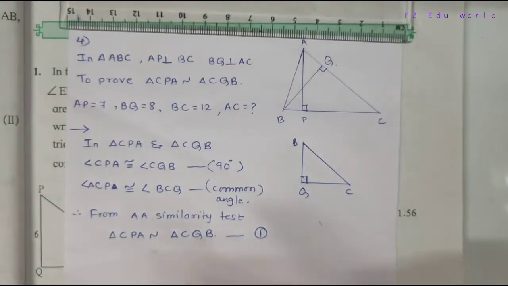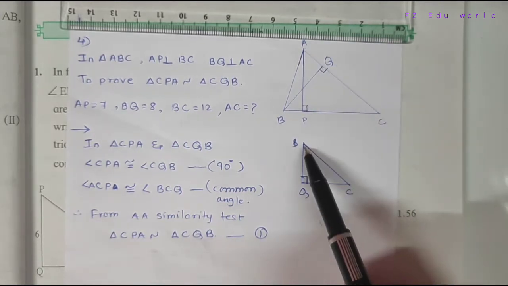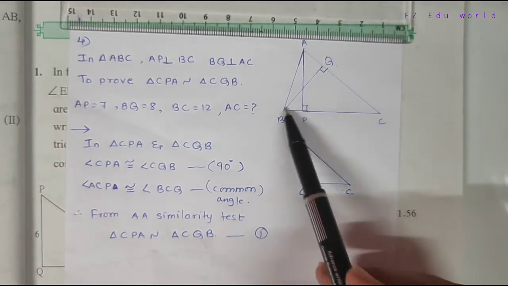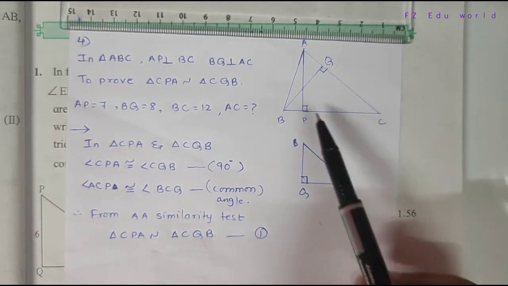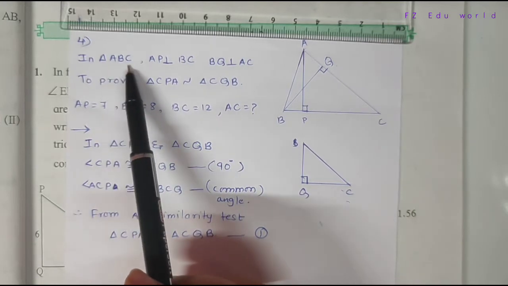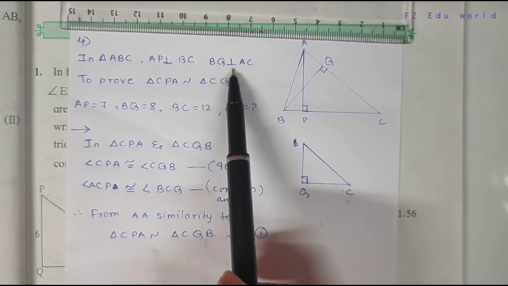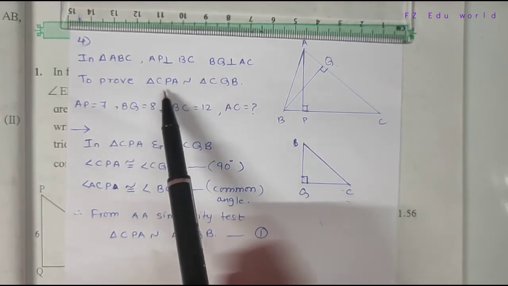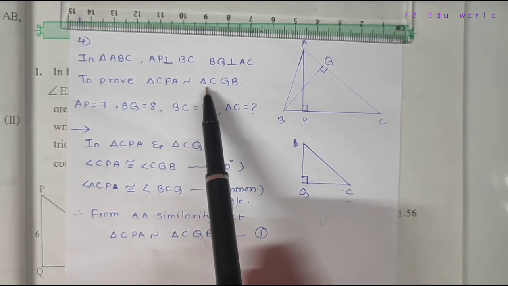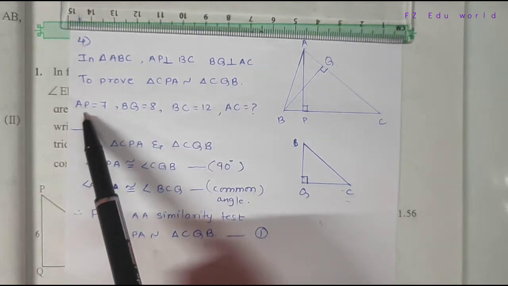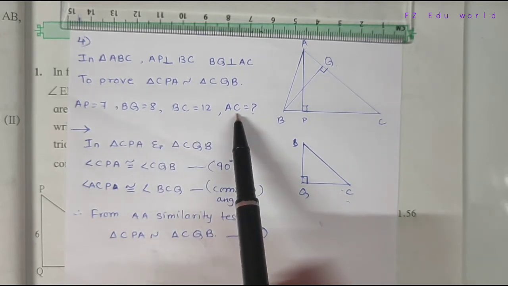Okay, now write like this. I am drawing here a small triangle which is a copy of BQC for understanding purposes.